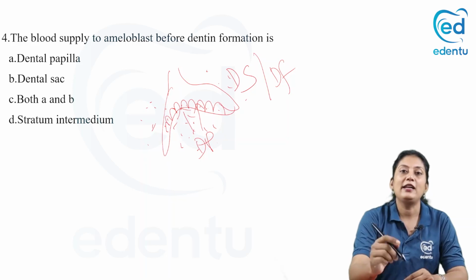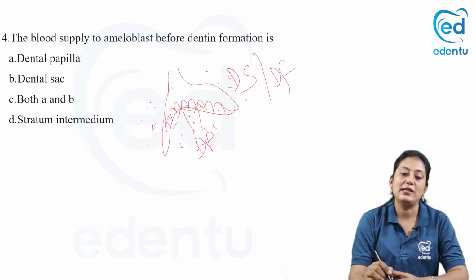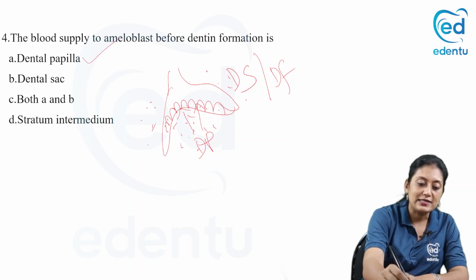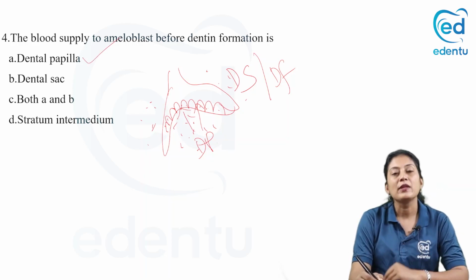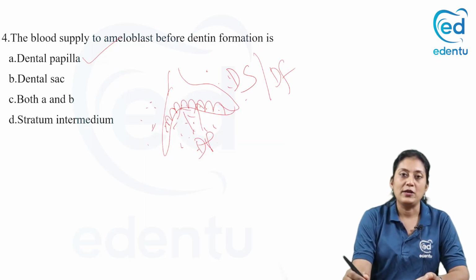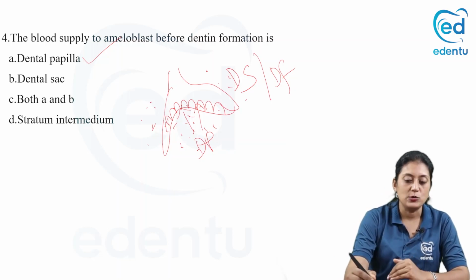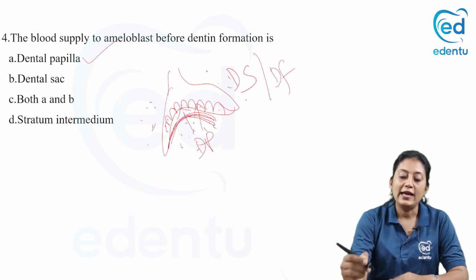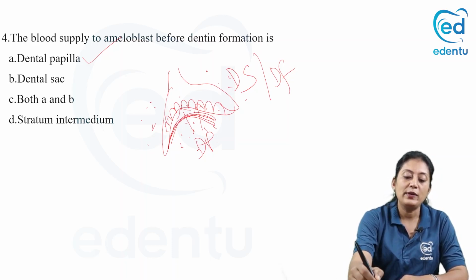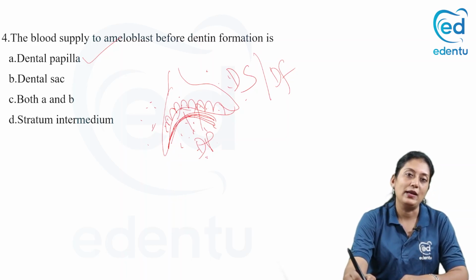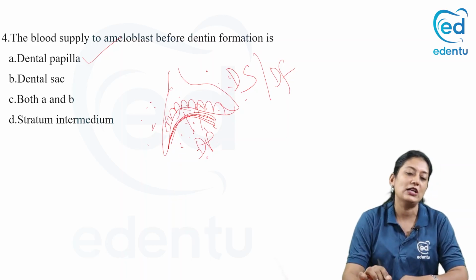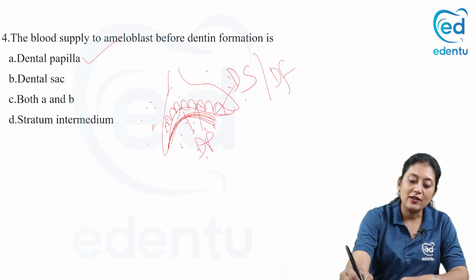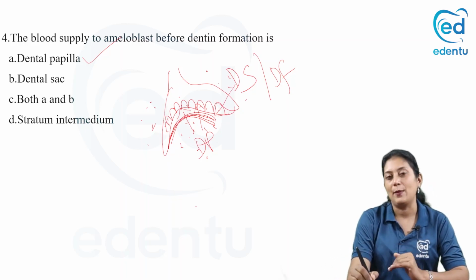So before dentin formation, the right answer is dental papilla. However, after dentin formation, once a layer of dentin is formed, a barrier forms between the inner enamel epithelium and the dental papilla. So blood supply cannot reach the inner enamel epithelium, and now the dental sac will provide nutrition to it.